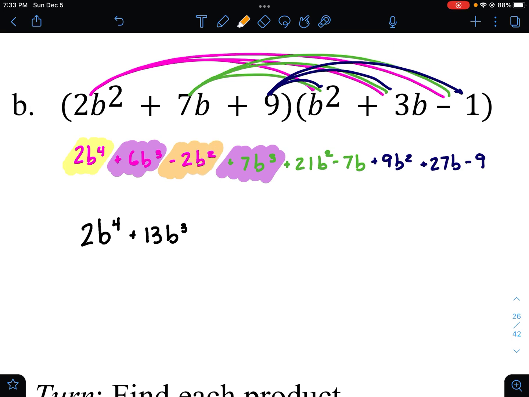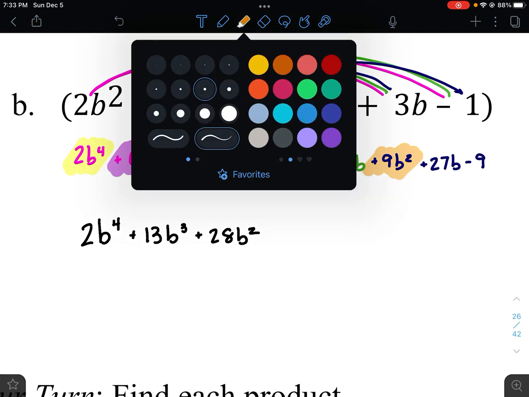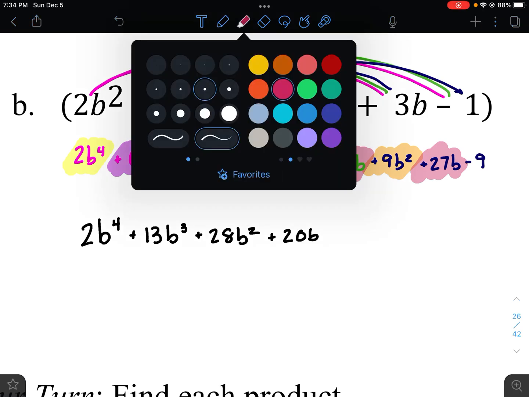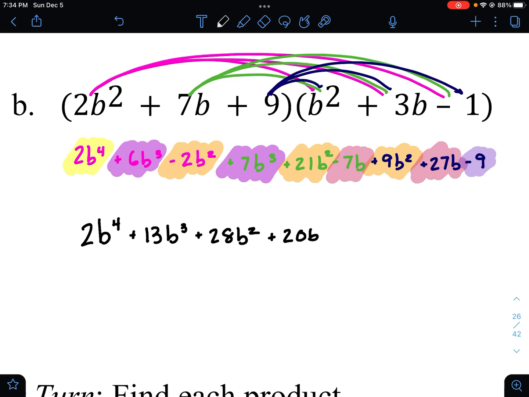Minus 2b squared plus 21 plus 9, so 21 plus 9 is 30. 30 minus 2 is plus 28b squared. Double check my work here. I have a minus 7b and a plus 27b. So that's a plus 20b. And don't forget our little minus 9 at the end.